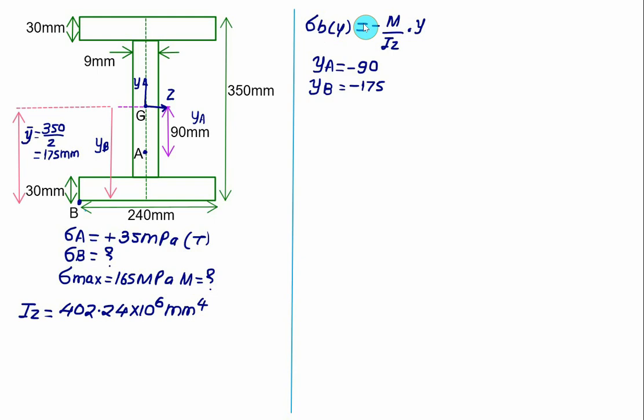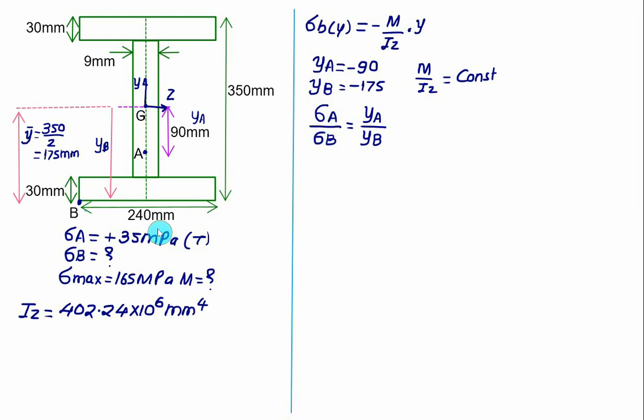So in this case the value of M by Iz is a constant value, and therefore we can say that the bending stress at point A divided by the bending stress at point B will be the same as the distance YA, that is of point A from the center of gravity, divided by the distance YB, the distance of point B from the center of gravity.